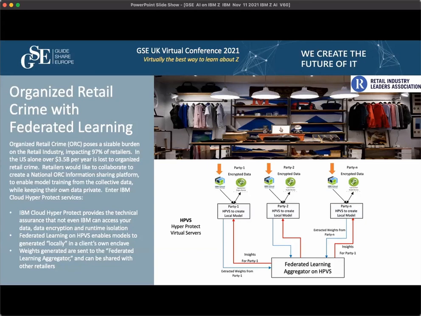And then each of the retail participants would deploy this aggregate model into the Hyper Protect Virtual environments, and that would enable them to detect not only patterns that they knew about, but also patterns in retail crime that other participants were seeing. So they all benefit from their combined and aggregate knowledge.